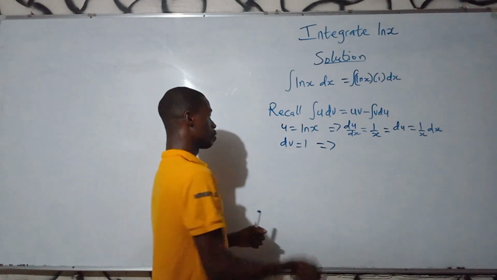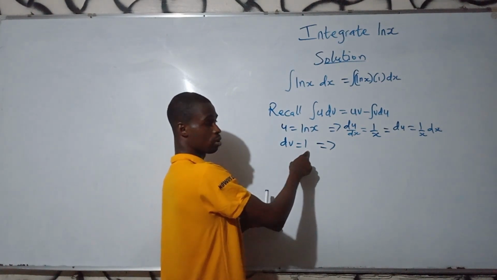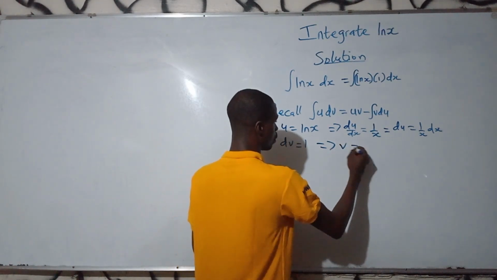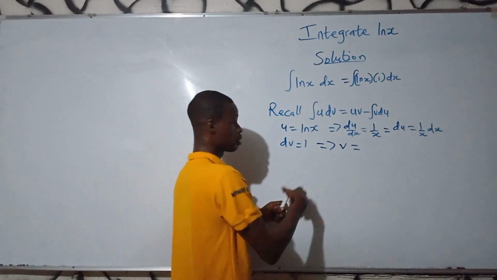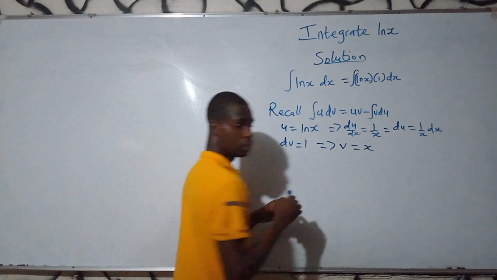So when we integrate 1, our v will become x. Do you get that now?